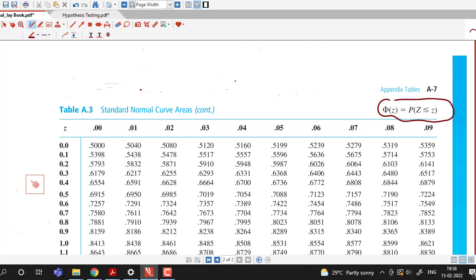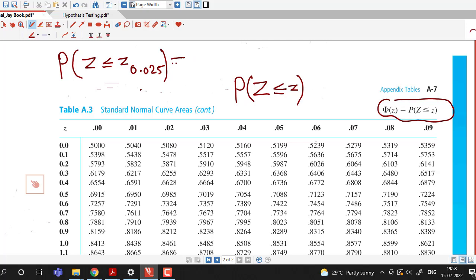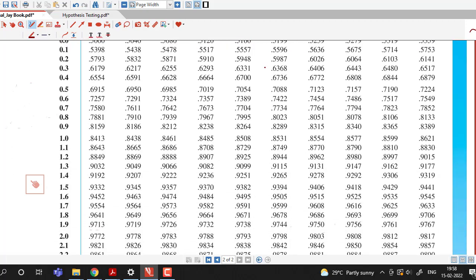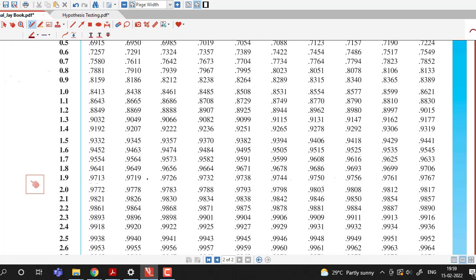The values in the table are probabilities that Z is less than or equal to small z. Here we are interested in the value of Z for which we have the probability 0.975, so I have to search for 0.975 in this table.